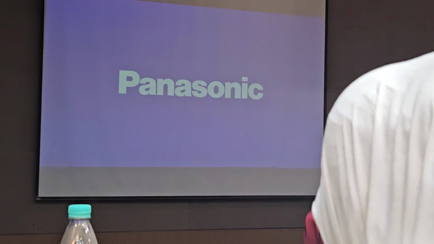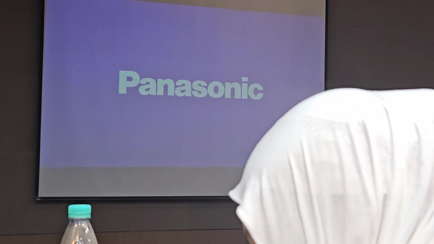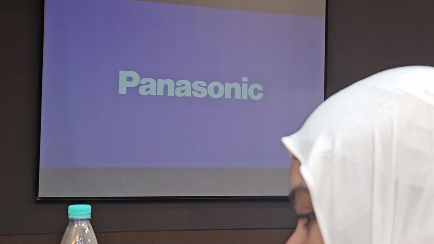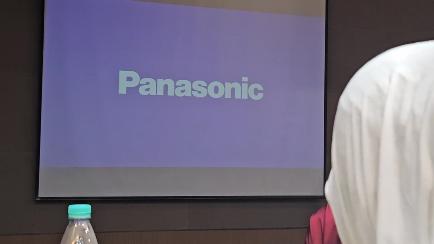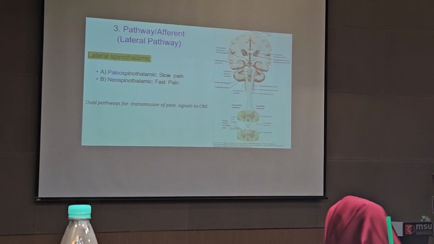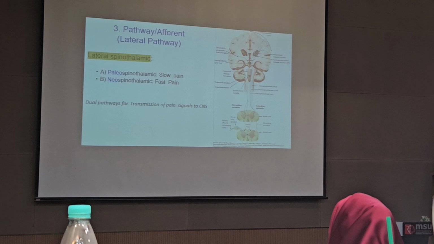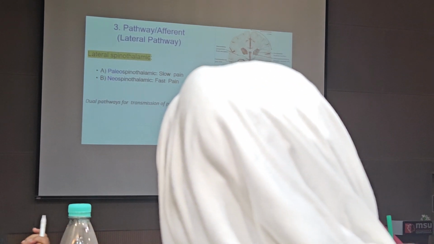And the paleospinothalamic tract that carries slow pain sensation is carried by C nerve fiber. Okay, C nerve fiber. That's all you need to know. The rest is everything the same as what you learned in the morning and just now. Okay, same thing. First order neuron, that is the receptor, nociceptor. Then synapse with second order neuron at the dorsal root ganglion.